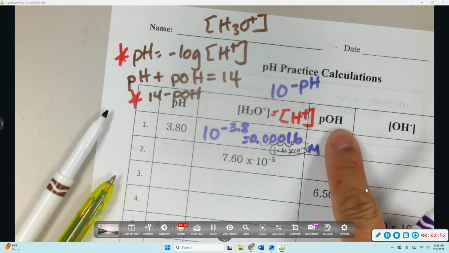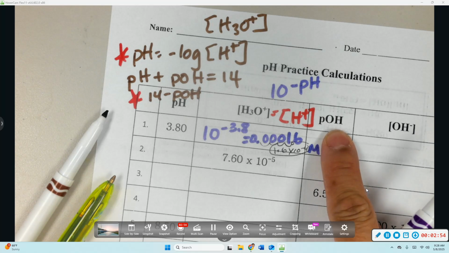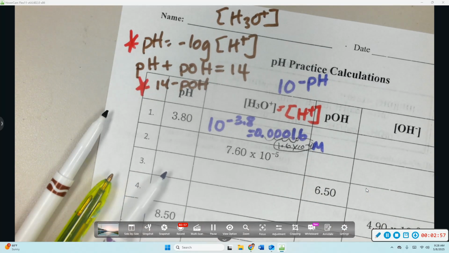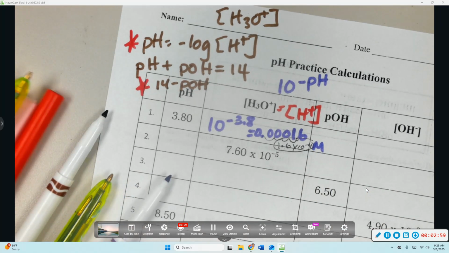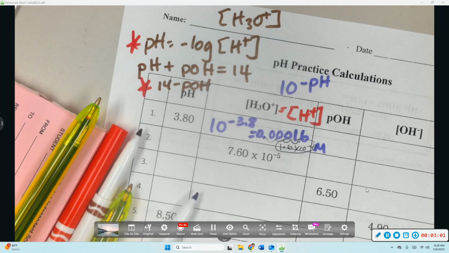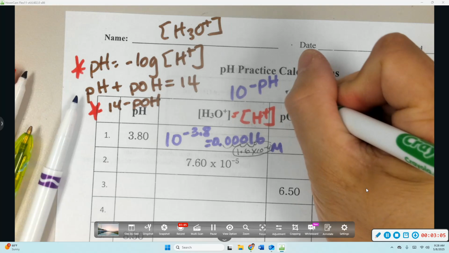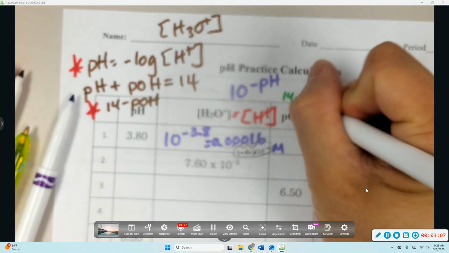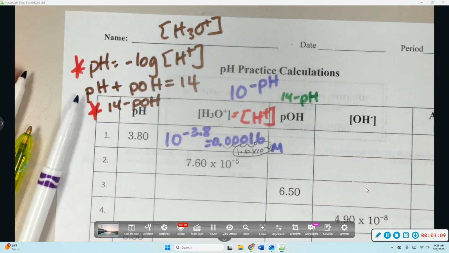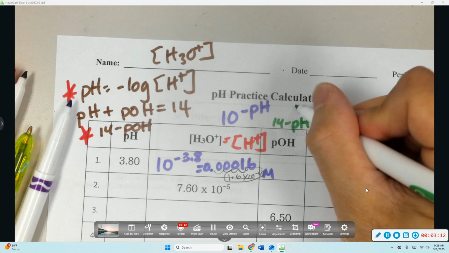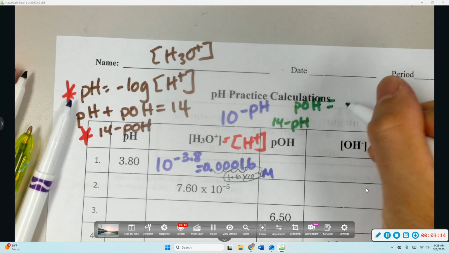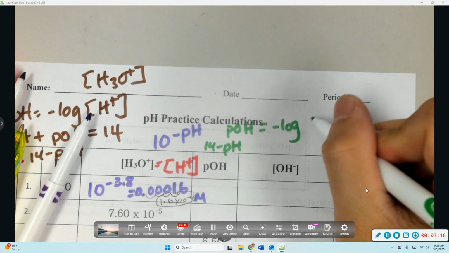And the next one here is pOH. The way to get that: pOH is simply 14 minus pH. That's one way to do it. Or pOH is equal to the negative log of the OH ions.